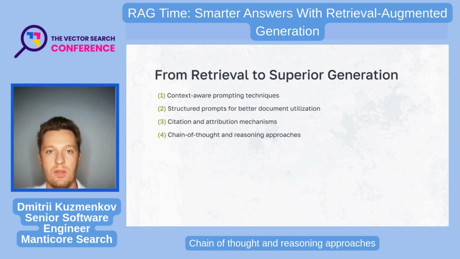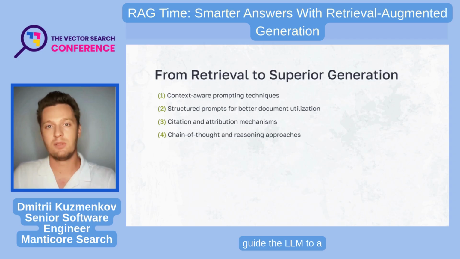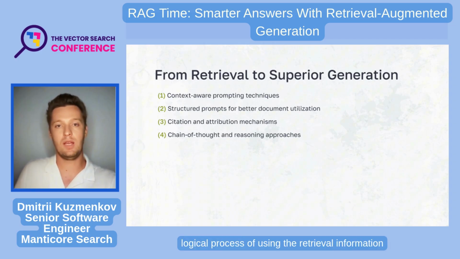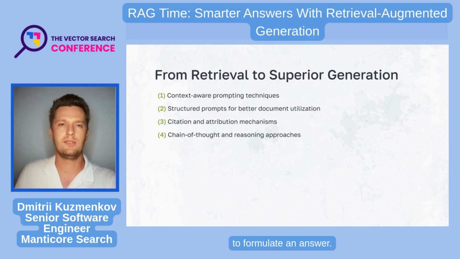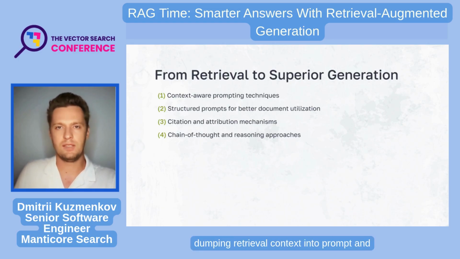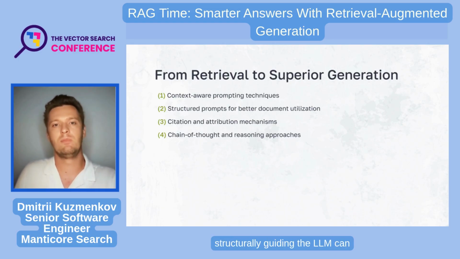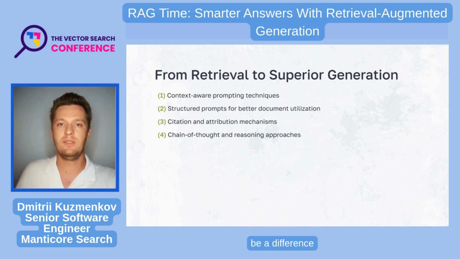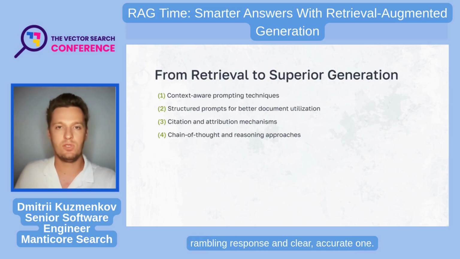Chain of thought and reasoning approaches guide the LLM through a logical process of using the retrieved information to formulate an answer. The difference between dumping retrieval context into a prompt and structurally guiding the LLM can be the difference between a confused, rambling response and a clear, accurate one.